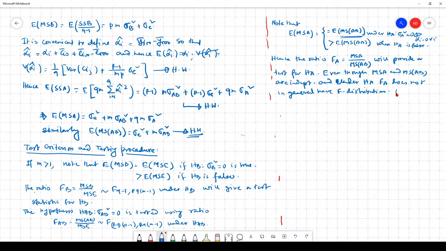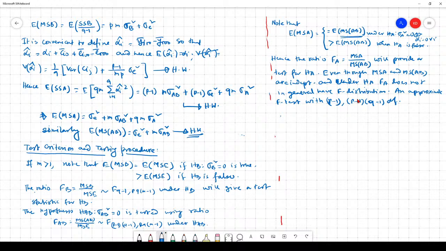An approximate F test with p minus 1 into p minus 1 degrees of freedom. So this is another difference between the random effect model and the fixed effect model.